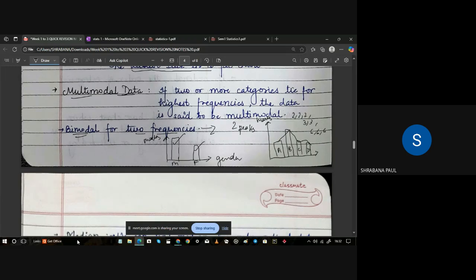It's presented through multimodal data. And if only two types of data are coming repeatedly, like the example I took, male, female and marks, it's represented through bimodal data. Is it clear to everyone? Give a thumbs up if yes.